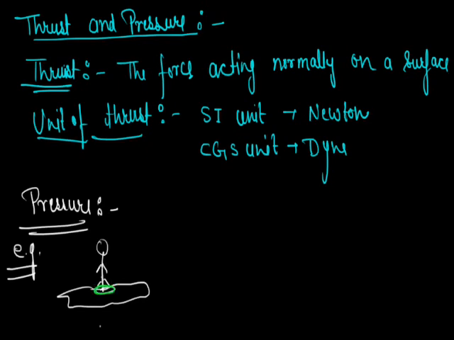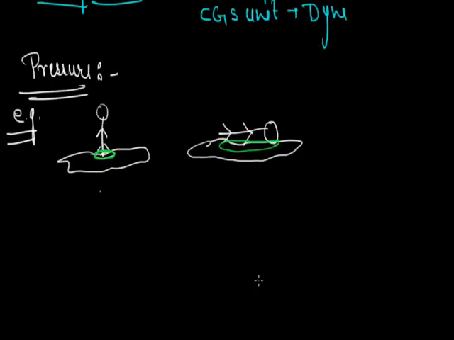Now, in second case, if you lie on that sand like this, then we can say weight is same, persons are similar, but contact area is different in the second case. So, if in this case we talk about the pressure, then we can say the pressure in first case will be greater.